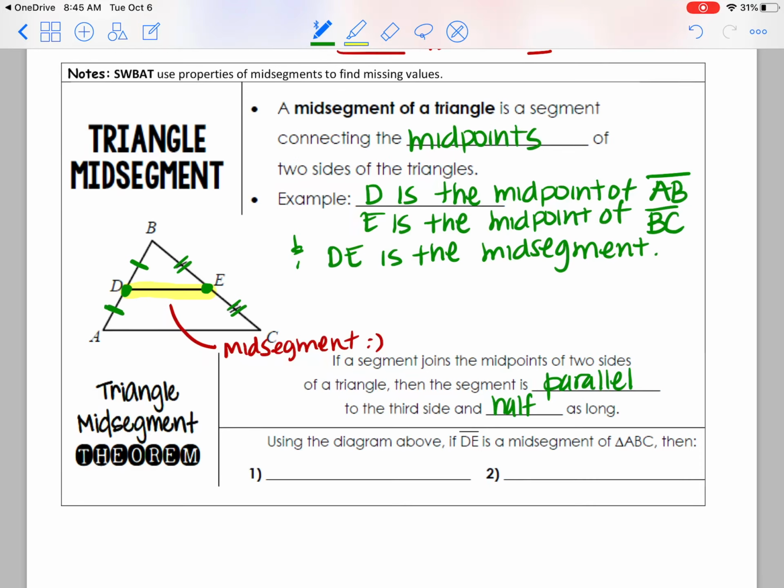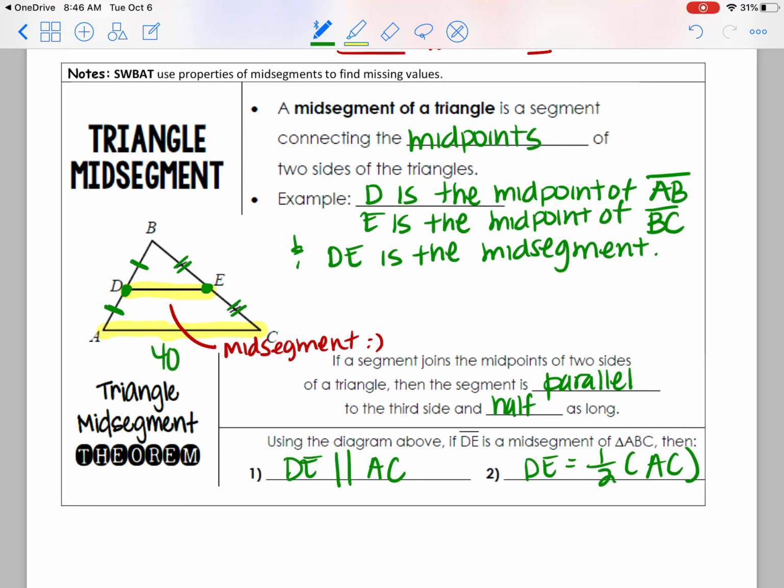Okay, so the midsegment is going to be parallel to the third side, which in this case is AC. DE will be parallel, that's the symbol for parallel, to the segment AC, the third side of the triangle. And also, DE is going to be half of the third side AC.